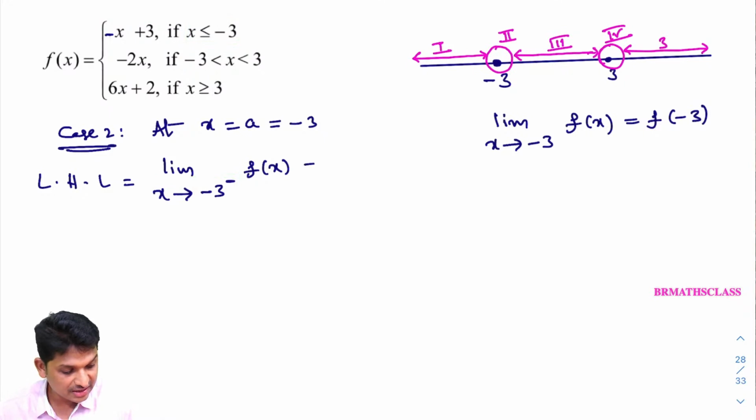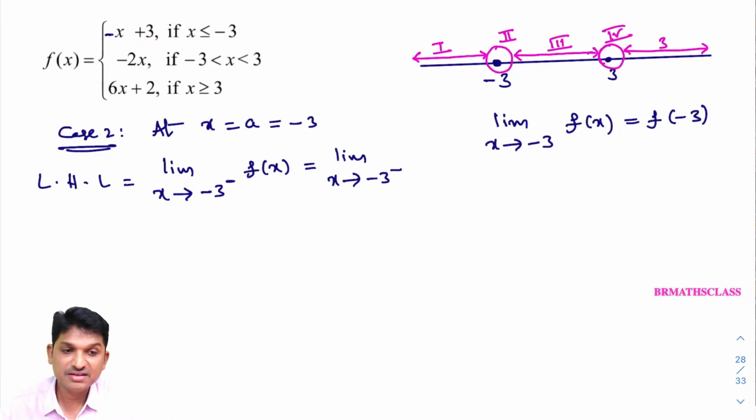So that equals limit x approaches to minus 3 from left. Which function to choose? This first function. Write that function. What you will get? Minus x plus 3.